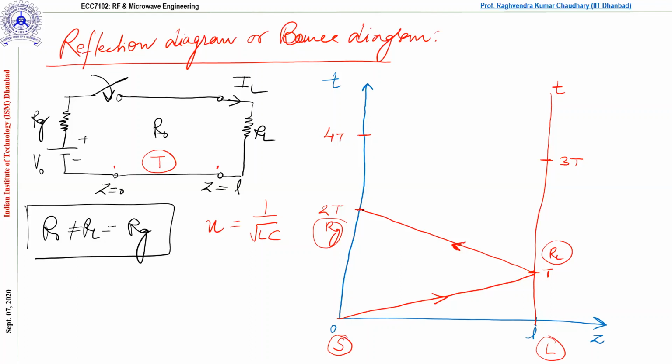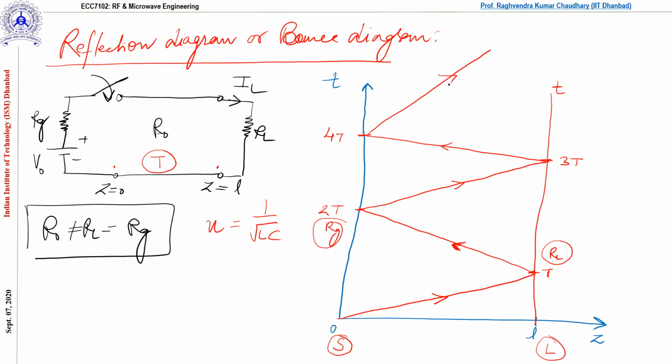And after 3T, some portion again reaches the load side. I'm not saying that everything is reflected, because due to this mismatch only some of the magnitude travels back and forth. Then the same thing happens, and it reaches here again at 4T, and so on. Let's leave it like that.